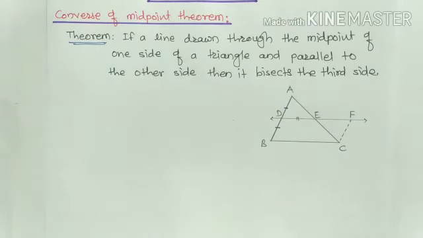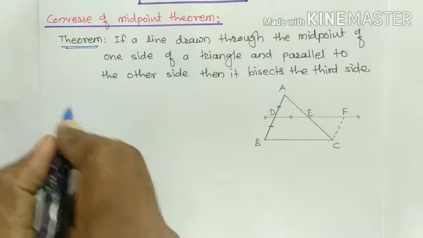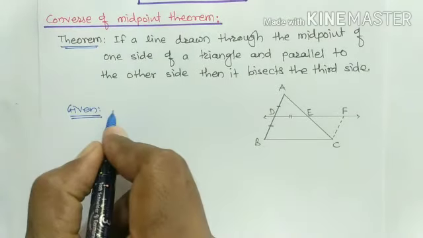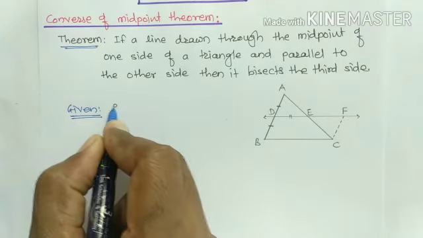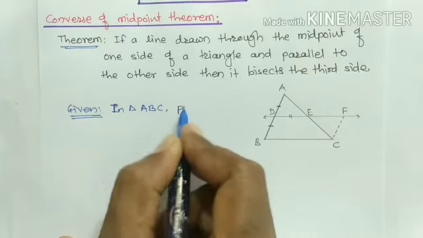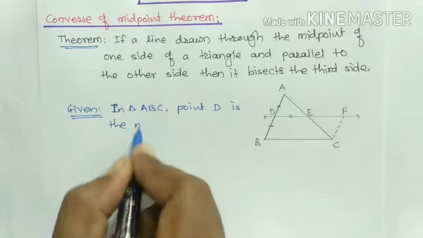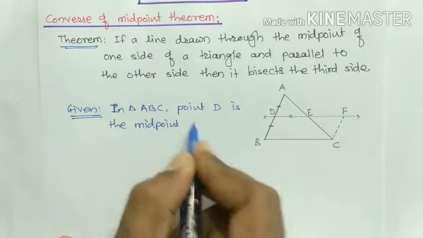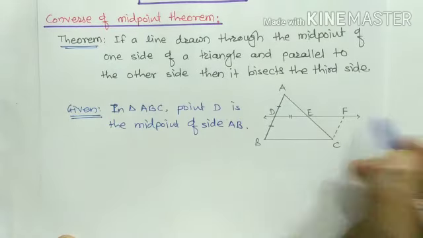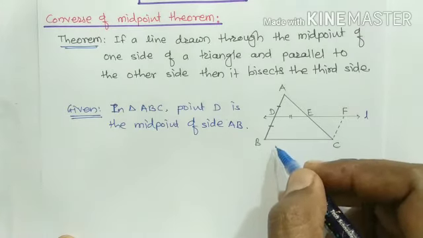First, we have to write the given, to prove, construction and then the proof. Here, in triangle ABC, point D is the midpoint of side AB.